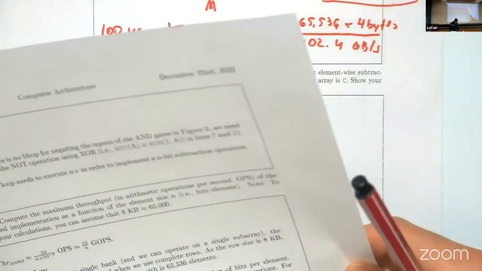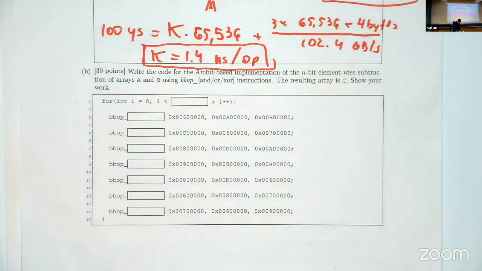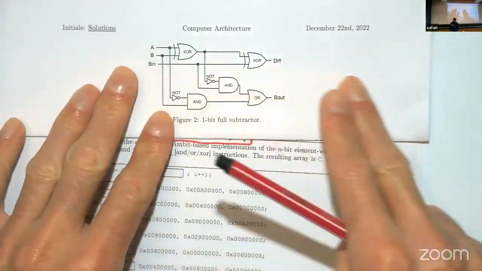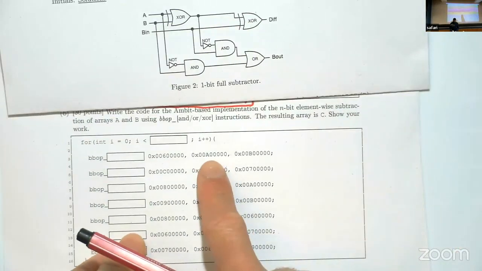So basically, the question is asking you to translate this figure here into BBOPs. And it already gave you a bunch of register elements here, right?